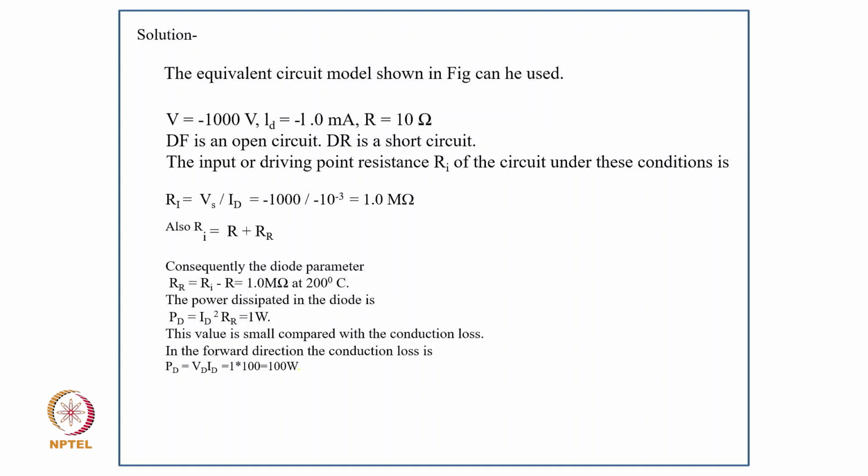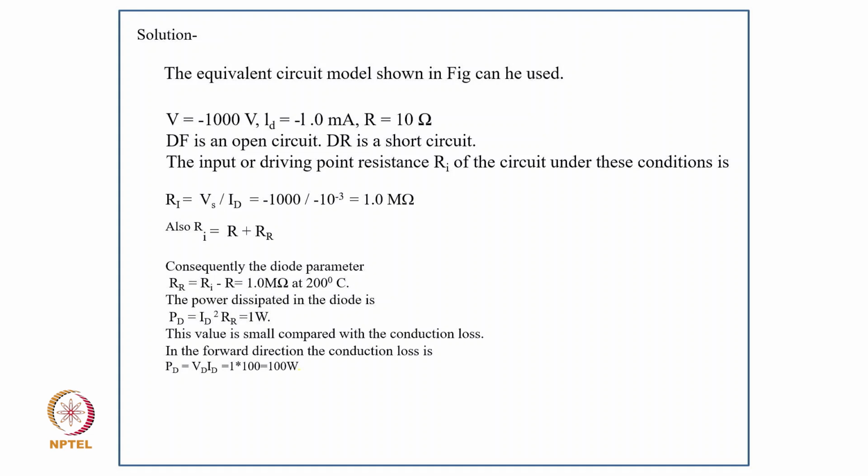So DF is open circuit and DR is short circuit. The driving point resistance of the circuit is Ri equal to Vs upon ID, which comes to typically 1 megaohm, and Ri equals R plus Rr. So considering the diode parameter, Rr equals Ri minus R, that comes to 1.1 megaohm at 200 Celsius, and the power dissipated in the diode is PD equal to ID square Rr, that is 1 watt.